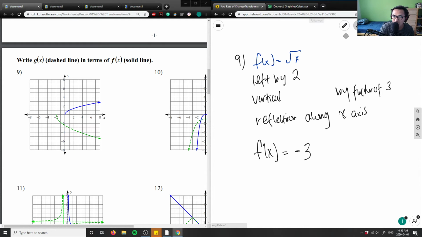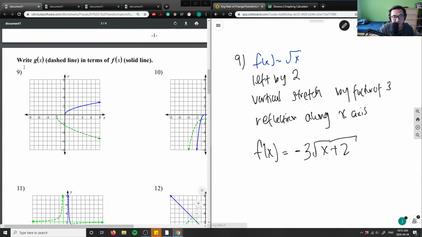Someone corrected me. This is a stretch. I got confused. So 3, and then this is root x, and this is left by 2. Left in my head is negative, but flip it to positive. So this is x plus 2. So that's going to be number 9 for this one. This is my function from here to here. We don't know what f is, but I know from this case it's a square root function.